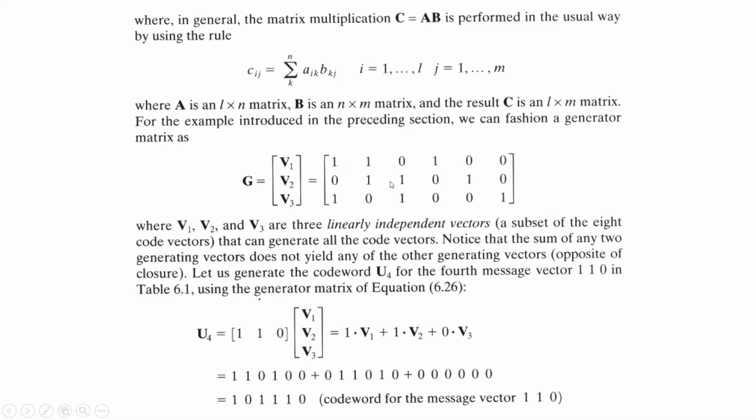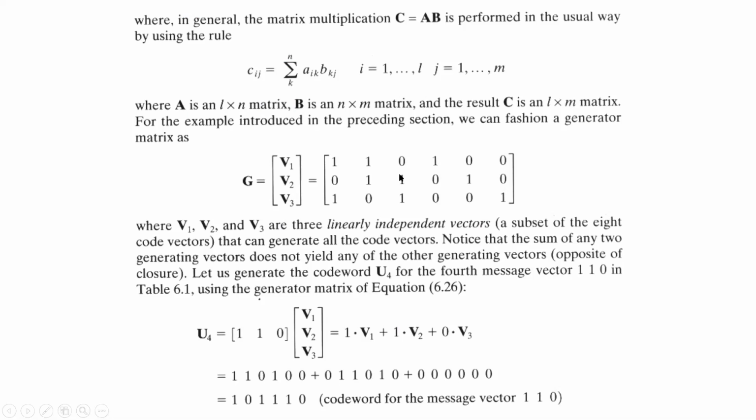It will be 6, 3: n equal to 6 and k equal to 3, right? So V1, V2, V3 are 3 linearly independent vectors, a subset of the 8 code words. Why 8 code words? Because 3 bits lead to 8 code words.